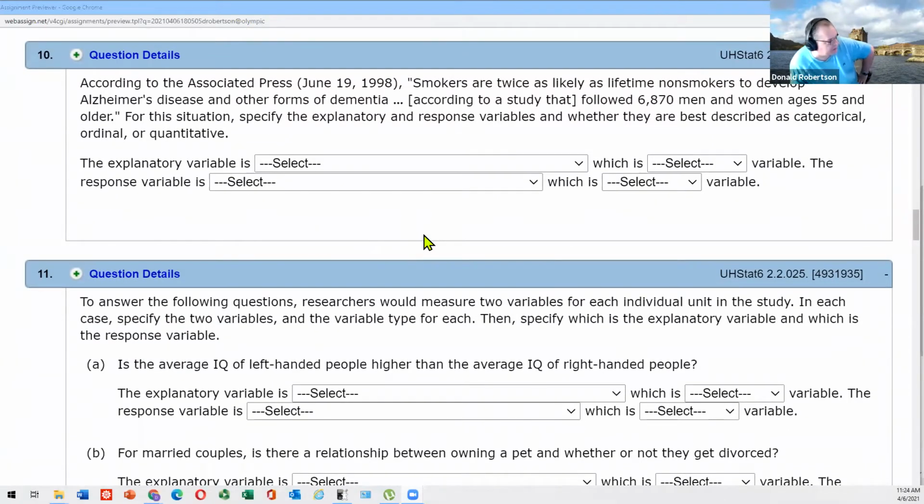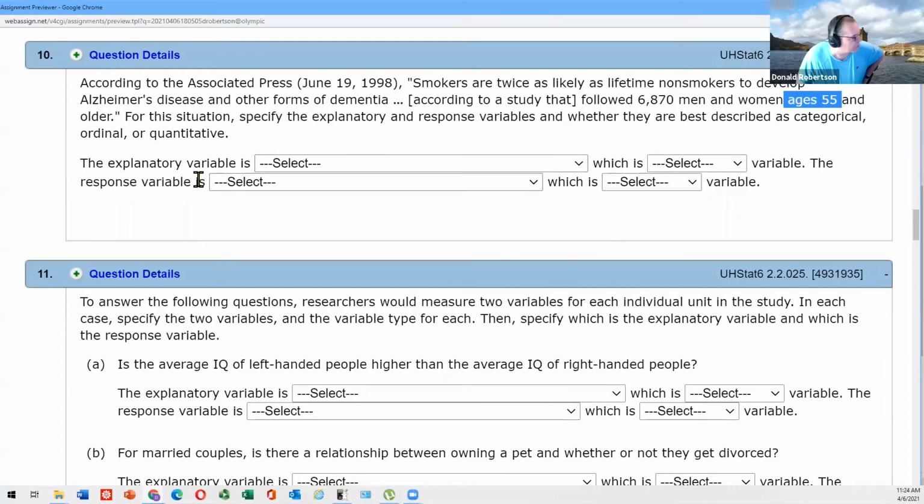According to AP, 1998 at least, smokers are twice as likely as lifelong non-smokers to get Alzheimer's or other forms of dementia. And they followed this number of people and women, and from this, explain the explanatory variable.